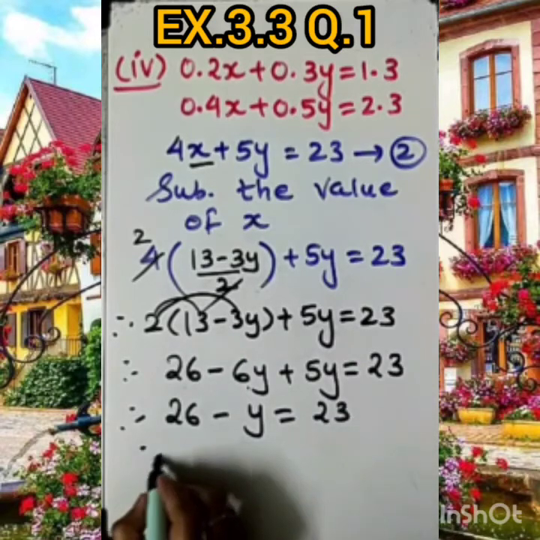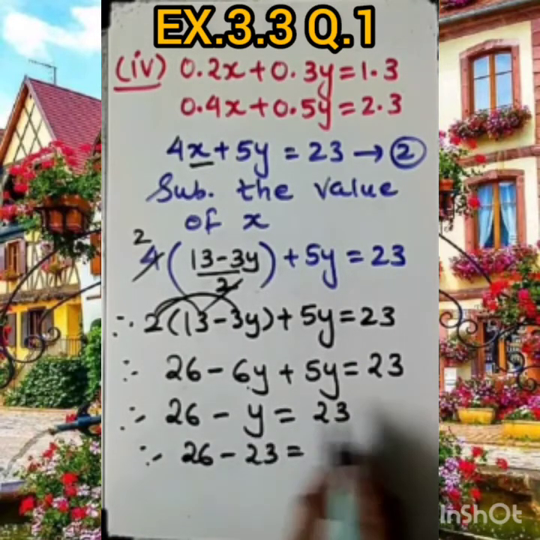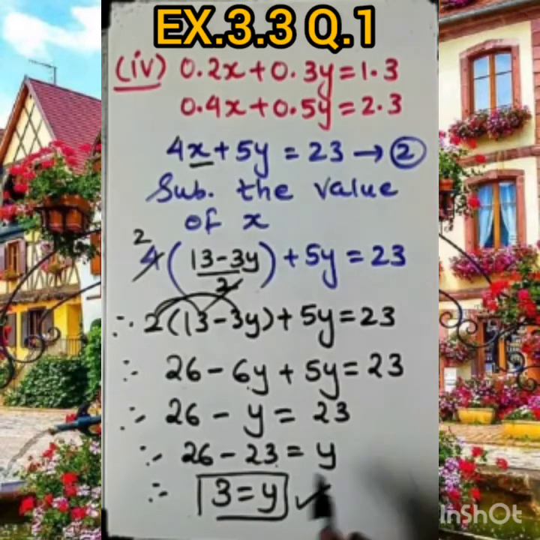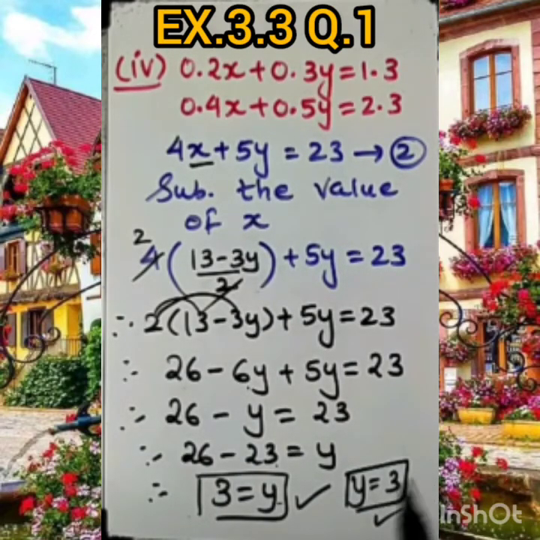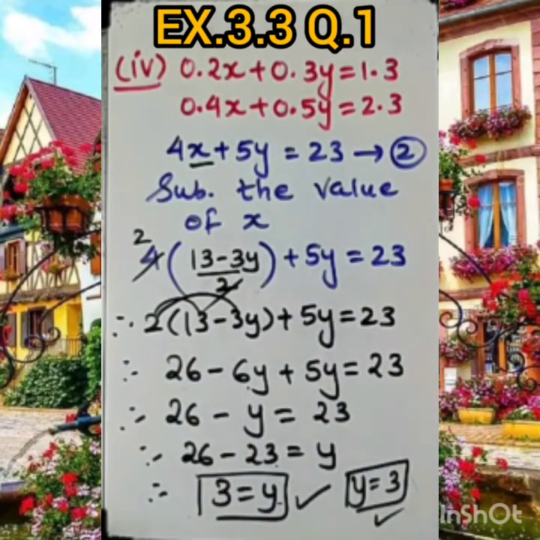Let me bring this 23 to this side and this minus y will go to the other side. 26 minus 23 is 3. So the value of y equal to 3. Now I am going to substitute this value of y where I have written x equal to this.